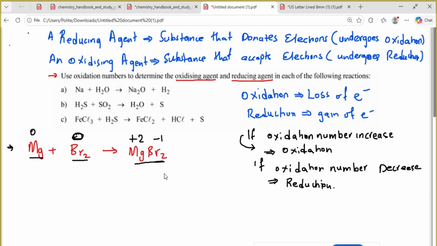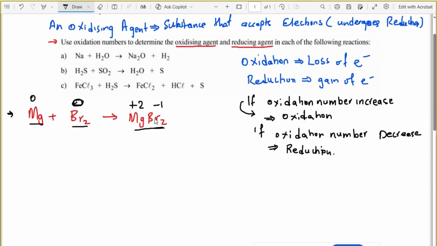So let's say you prefer to use the formula to calculate this. You know what you can do? Let's say you want to find the oxidation number of magnesium in MgBr2. You can use the formula that we talked about. We know that MgBr2 is a pure compound. Since it's pure, when we add the oxidation number of Mg with the oxidation numbers of the 2 Br, we should get 0, right?